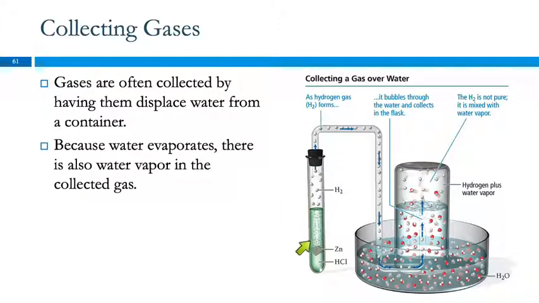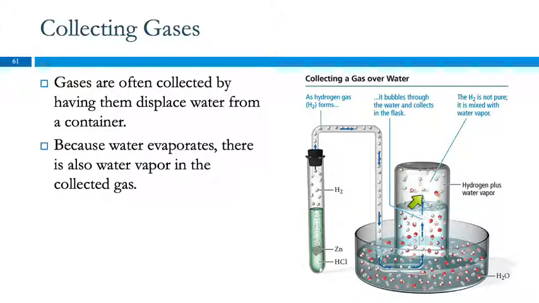Here we have our reaction occurring in a test tube, and we've got a stopper and a tube leading from the stopper, so that as the gas is formed, the only place it can go is through here, and it comes in under this container. The gas will float up and get trapped, and as it goes up, it's going to displace the water.